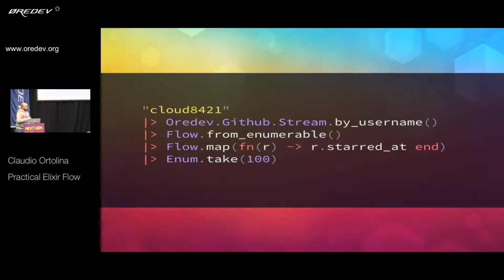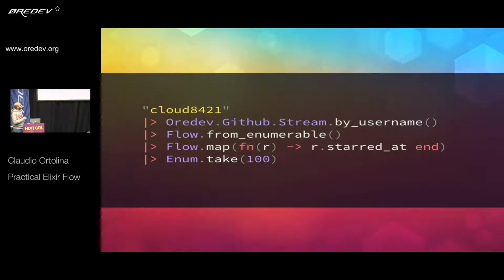Let's see this version of the code, which is slightly different. We start from the same stream, and then we say, okay, prepare a flow from an enumerable. Anything that implements the enumerable protocol in Elixir is enumerable, which I realize is a bit self-describing.